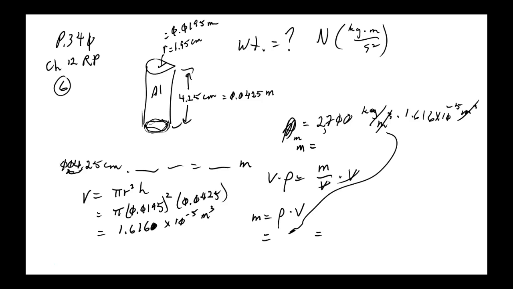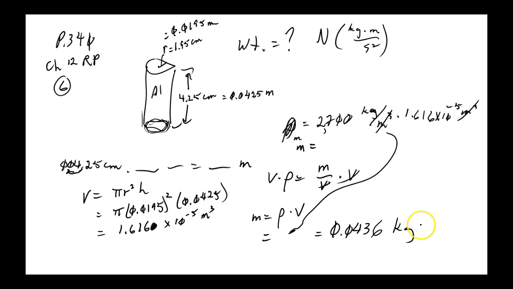Well, when I multiply by 2,700, I got 0.0436? Is that right? Yes, that's right, and that would be kilograms. Now that seems reasonable because this is 10 to the -5, this is 10 to the 3rd, so 10 to the -2 sounds about right.